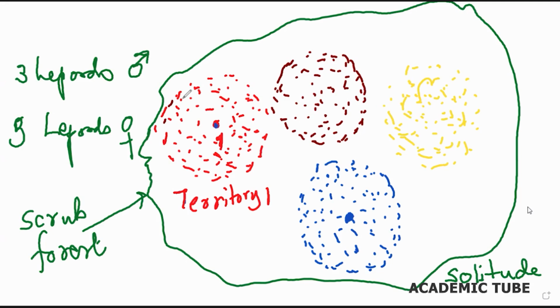So, in addition, going here and there, it has to advertise to the other leopards in the area, do not come into my area. So, for that, they adopt several strategies, several behaviors.